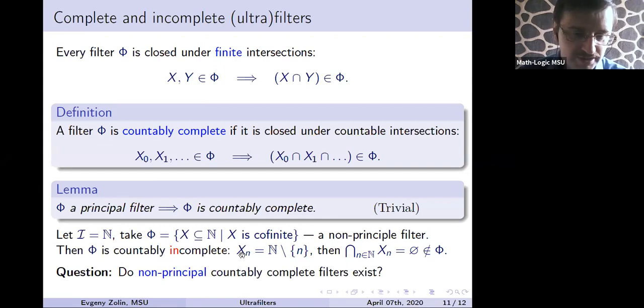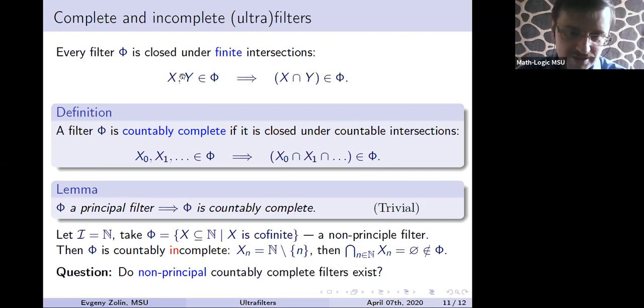Can we build non-principal filters that are countably complete? This is not so obvious. So this will be a non-principal filter. The intersection of all sets from phi does not belong to phi.